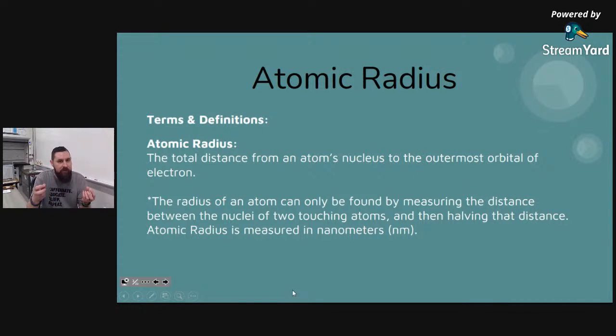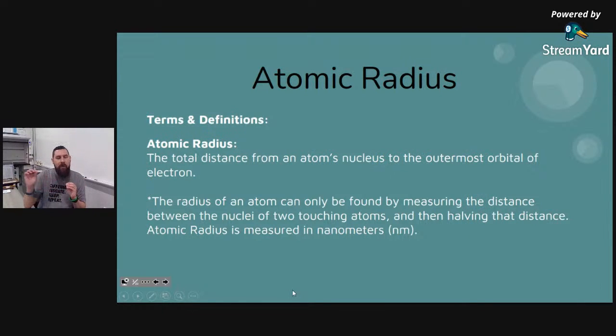That attractive force, as measured in terms of effective nuclear charge, is how we then explain the other trends.